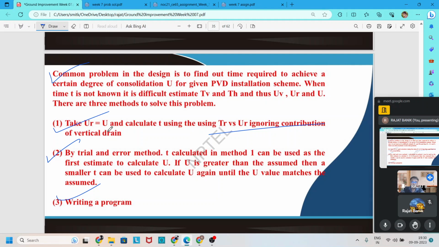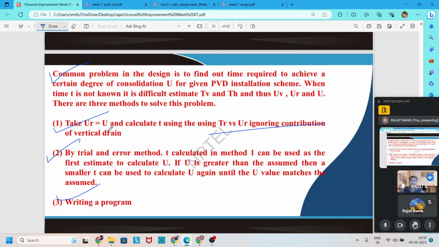After that, we find out the vertical consolidation, and after finding the vertical and also the radial degree of consolidation, we combinedly find out the total degree of consolidation. If the total degree of consolidation is smaller than our considered degree of consolidation, we need to calculate again.